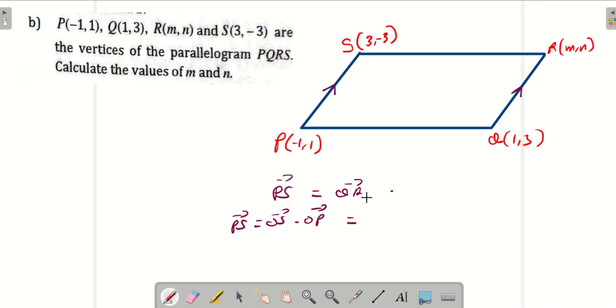And that should be equal to vector QR, which is equal to OR minus OQ. Are you following? But these are points, so we need to express them in terms of vectors. So let's start with the first one, PS.